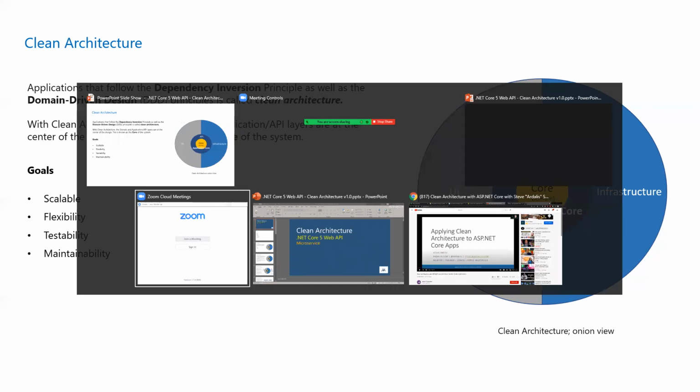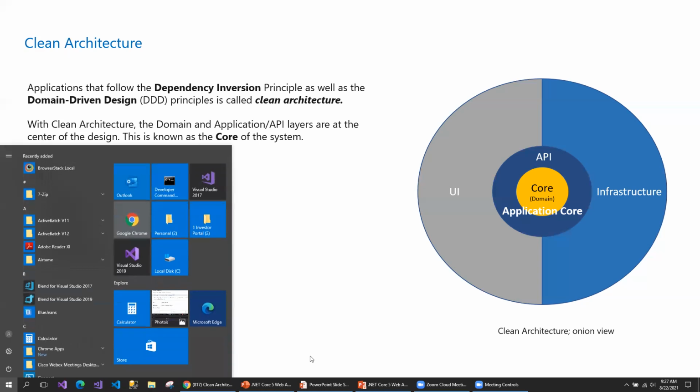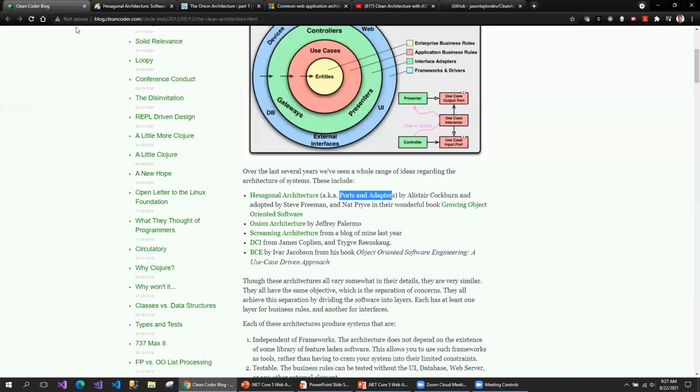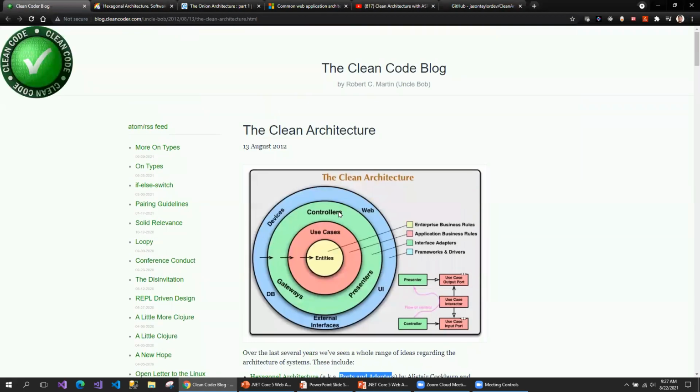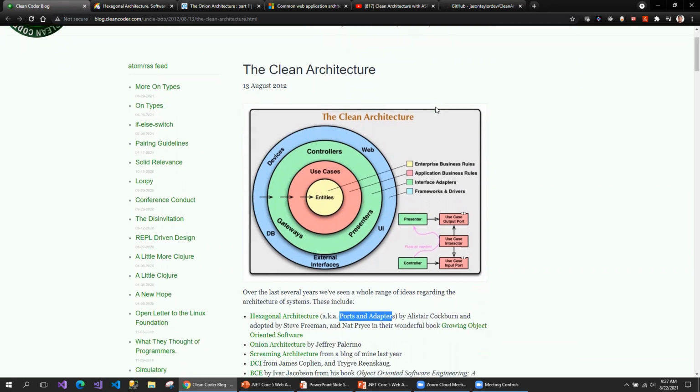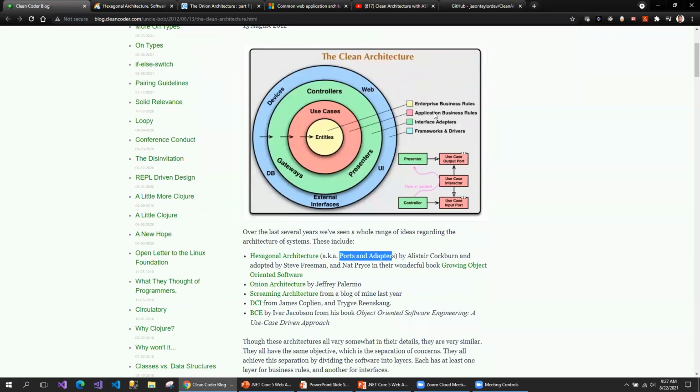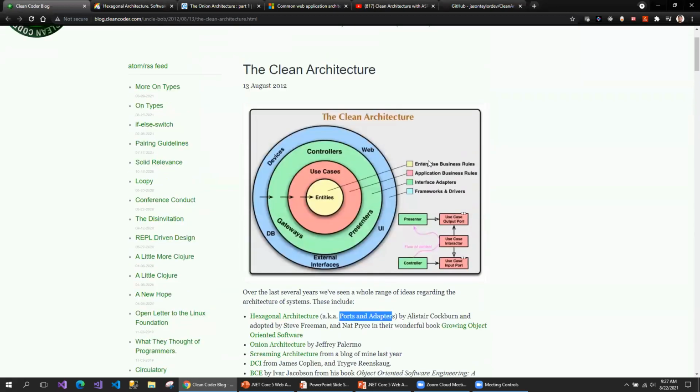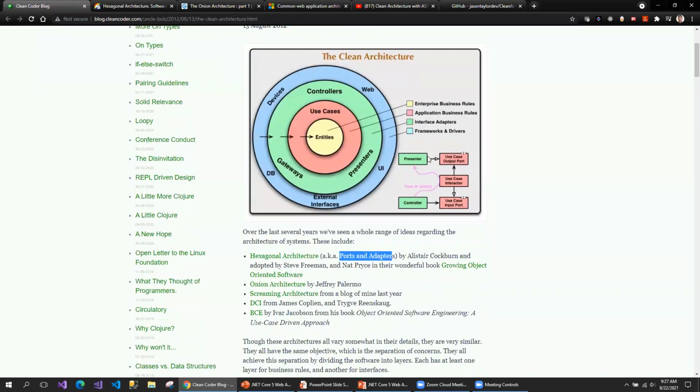On this clean architecture, there are a lot of blogs and a lot of articles. This is Robert C. Martin, also called Uncle Bob. His article talks about the initial version of the clean architecture.